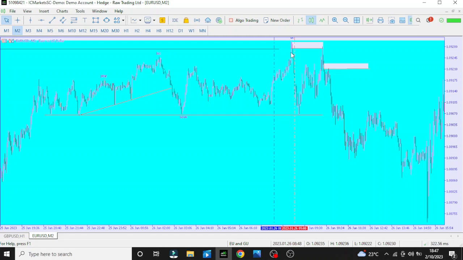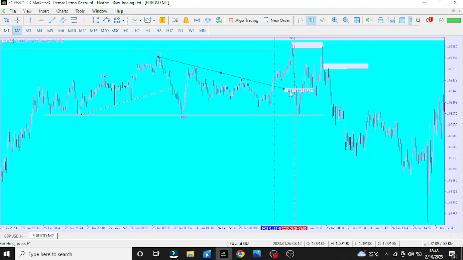Also, this emphasized the importance of present time. You see, Frankfurt opened and took this liquidity.